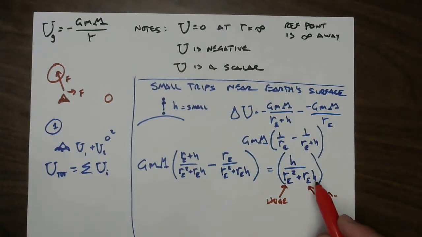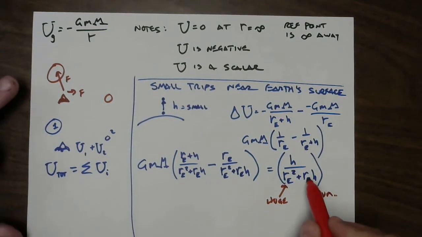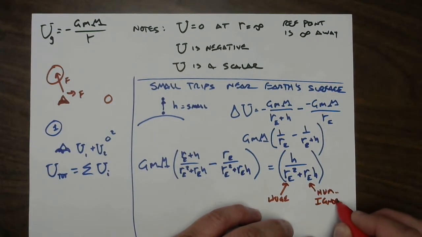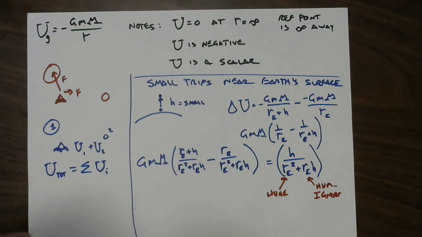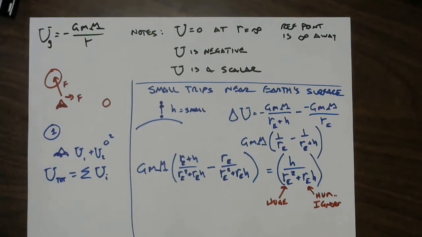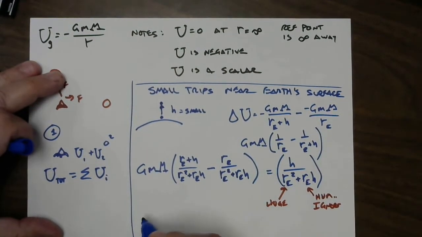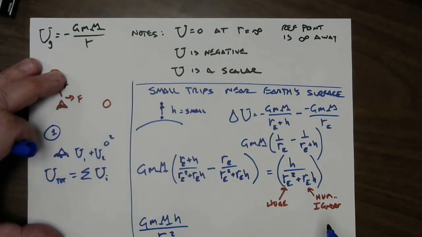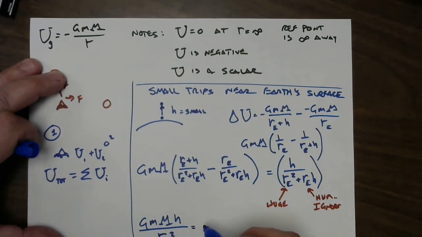So as long as h is really small compared to Re, we can ignore this term, which gets us back to GMm times h over Re squared, which is little m times G, because G is capital G, capital M over the Earth's radius squared, times h.